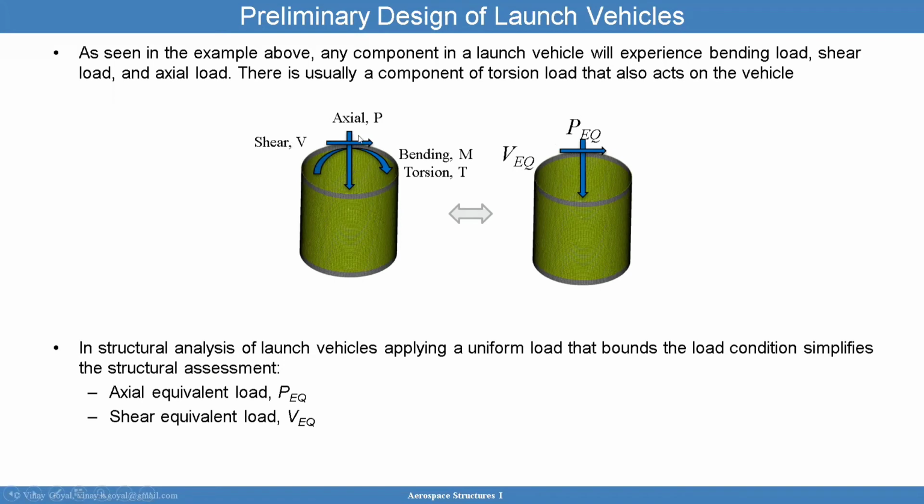And say you have a shear load, an axial load, and bending moment. You may have torsion as well. I didn't cover that here right now, but you could have some amount of torsion. And based on this information, it is convenient to come up with an equivalent load that's axial and an equivalent shear load.